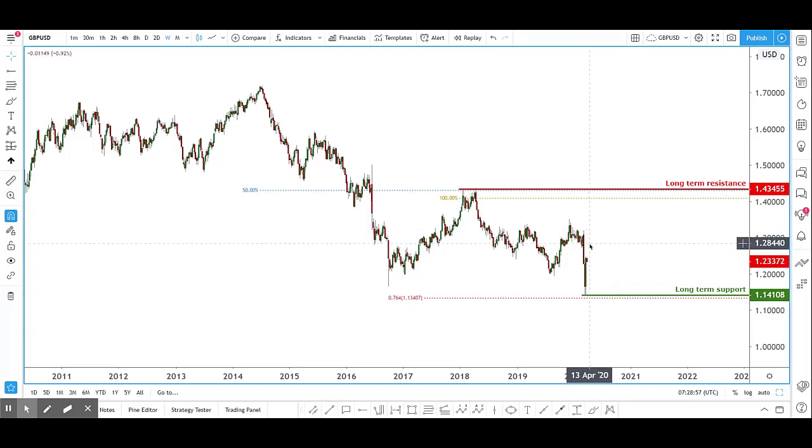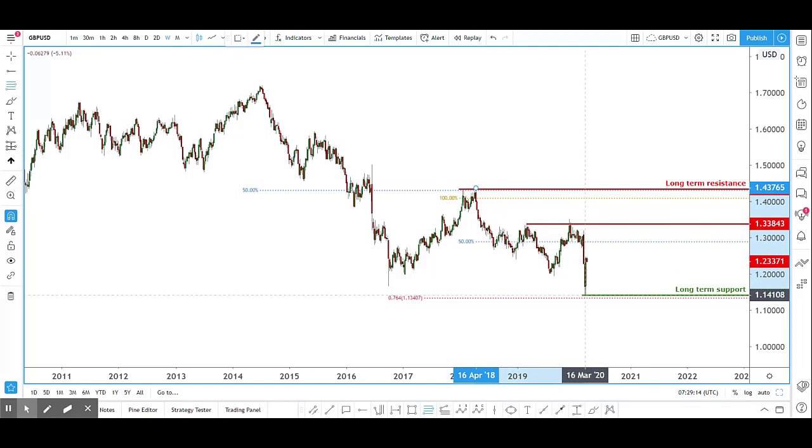What we want to do on the weekly is also to find a weekly support and weekly resistance level. Now, graphically speaking, there is sort of a weekly resistance level over here, right, where price tested once and tested a second time. We can actually do a retracement to see whether it's in line with any Fibonacci levels.